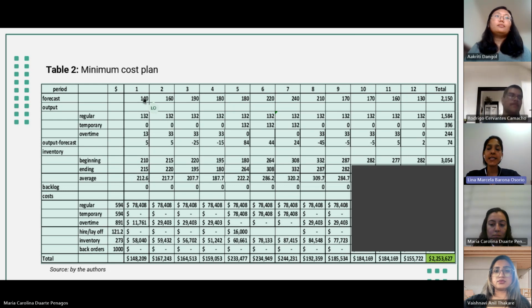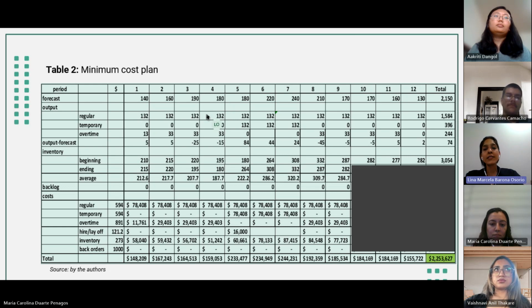This information was given in the case. For the output working hours, we have the calculation of the required working hours to achieve the demand. The idea is that we always try to achieve the demand using the regular hours, this one that we can see here.